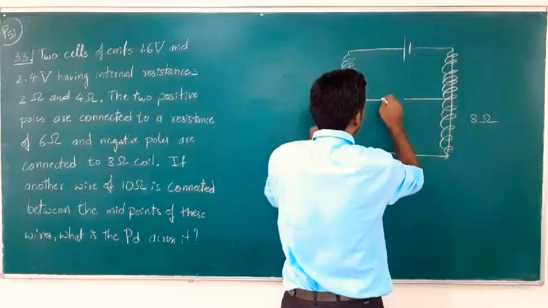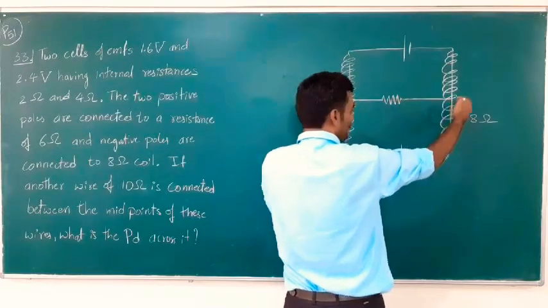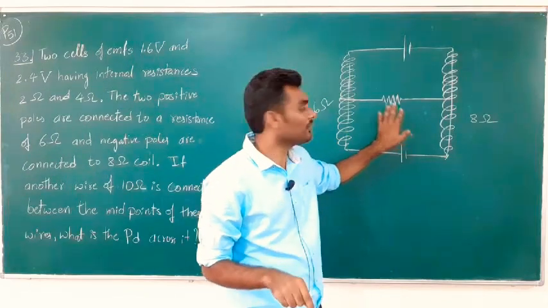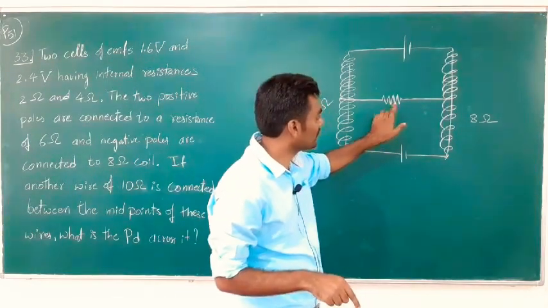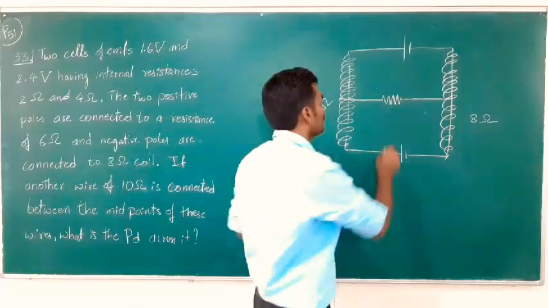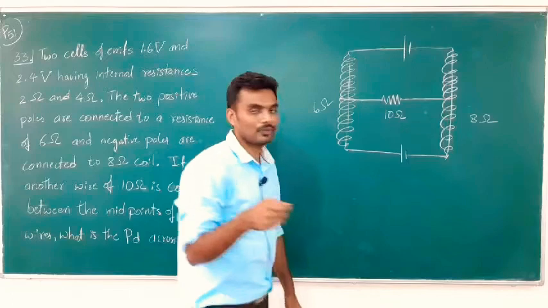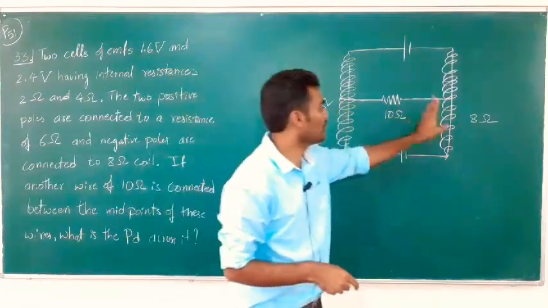So, exactly between the midpoints. So, this is a simple wire, but the wire has its own resistance of 10 ohm. That is why I have to represent that resistance using the symbol of a resistor. So, this is a 10 ohm resistance wire connected between the midpoints.